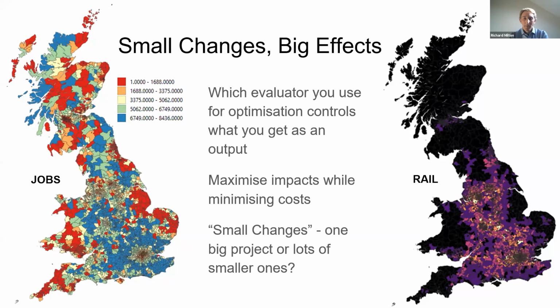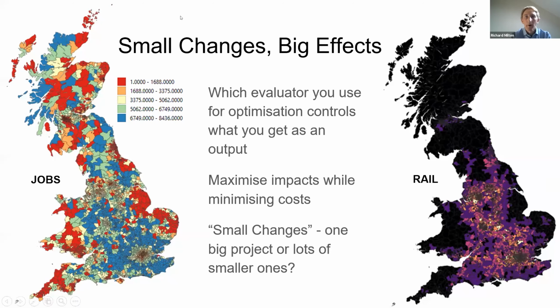The idea is, can we take the amount of money that's been used for HS2 and instead of doing one big intervention, make lots of small changes to the system, and through that generate more impact, but at reduced cost. And that's what the AI is currently being used to try to do. So it's all down to the evaluator that you use and how you use that evaluator, and you work out your costs in terms of real world scenarios rather than just artificial scenarios.